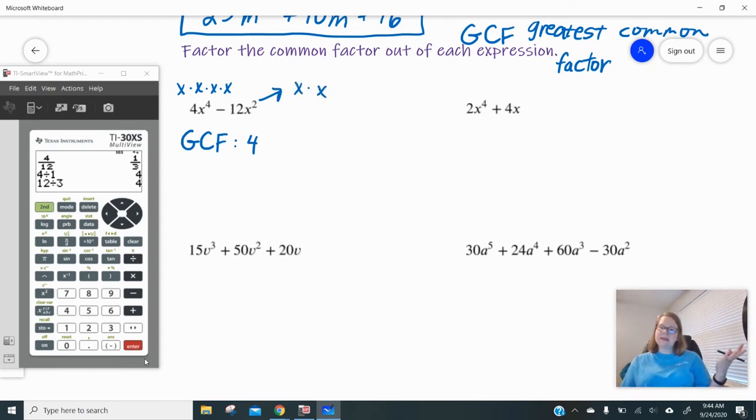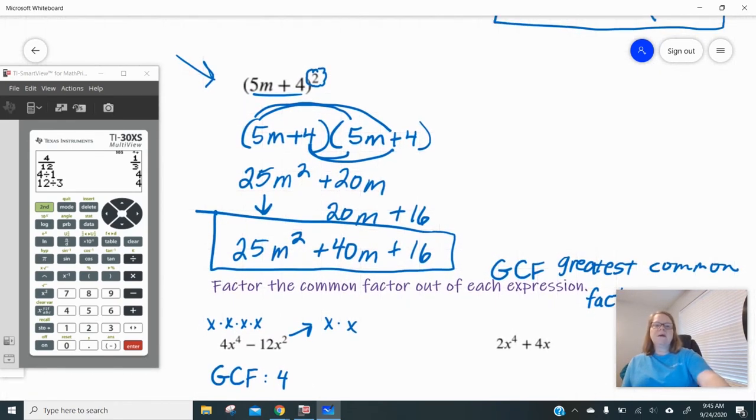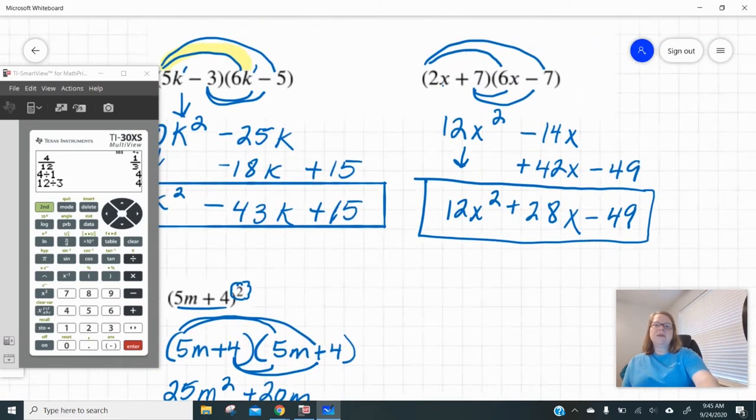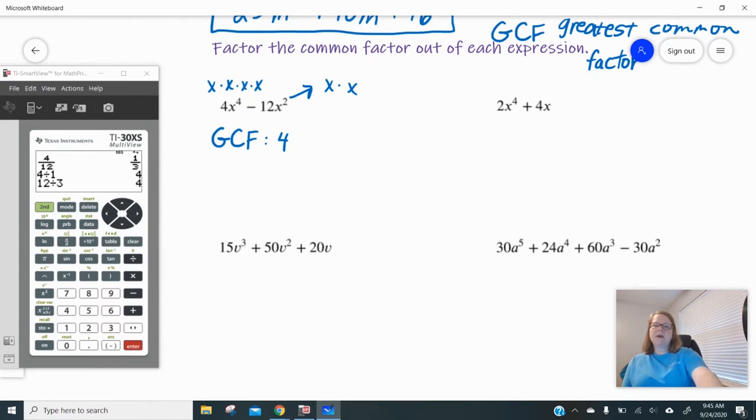So to the second power, that means x times x. We've just done problems where we did m times m and got m squared, and x times x and got x squared. So you know that x squared is 2 x's multiplied together. Okay, so the thing that you're looking for is what's the greatest, the biggest thing they have in common.